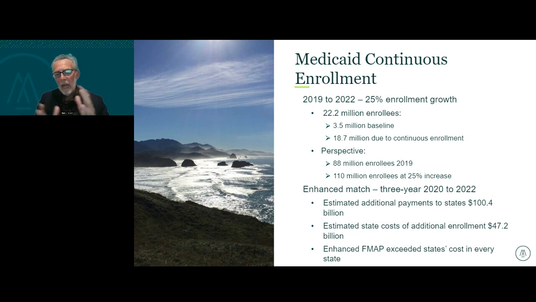So we've got kind of a double-edged sword going here. One is the states will be losing this additional 6.2% that was covering the additional cost of these enrollees. But because the amount being received in many states was greater than the cost, it was making a net positive contribution to the state budget shortfall. So both of those things have to be dealt with.